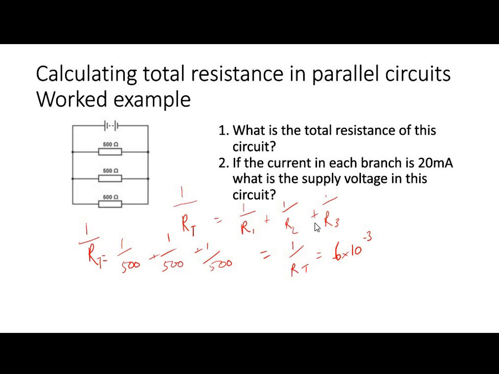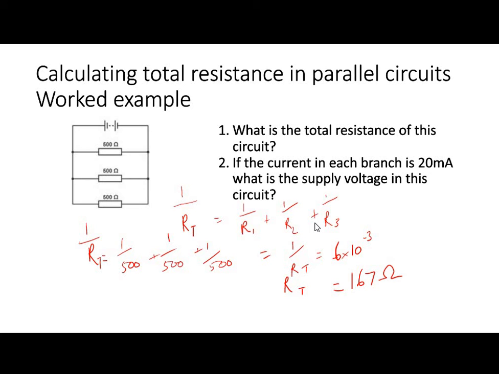So then if I work that out, I do 1 divided by that, I get an answer of 167 ohms. So RT equals 167 ohms. Now remember, our rule is that the total resistance in the circuit is less than the lowest resistor, and we can see yes, this is 167. All of our resistors were 500. So the total resistance is less.